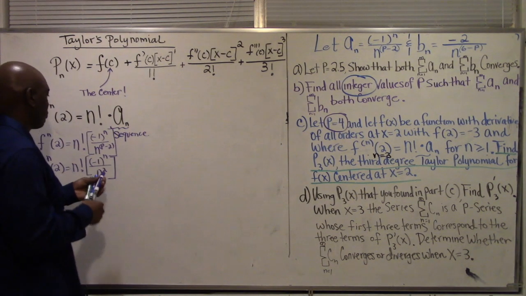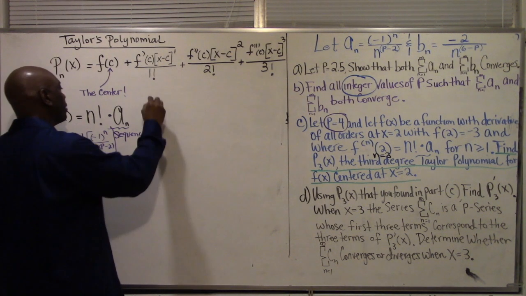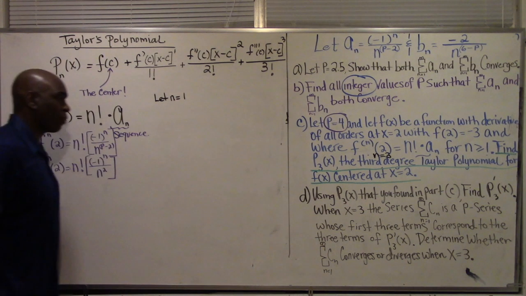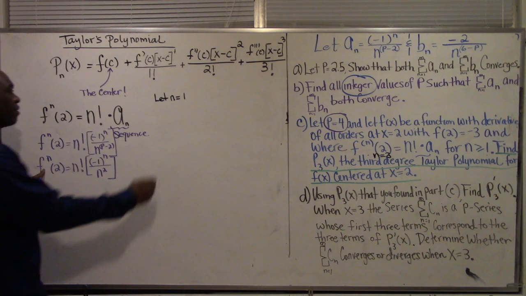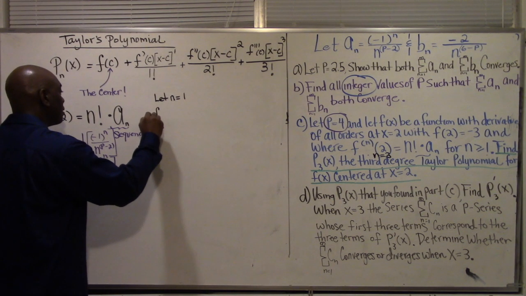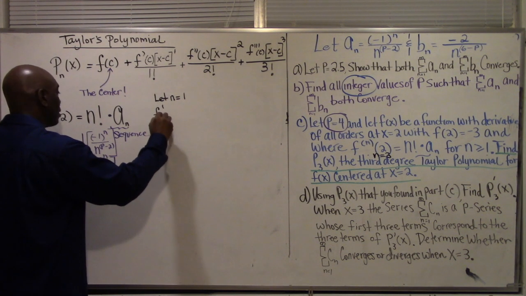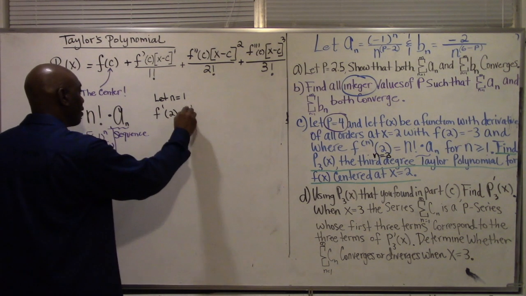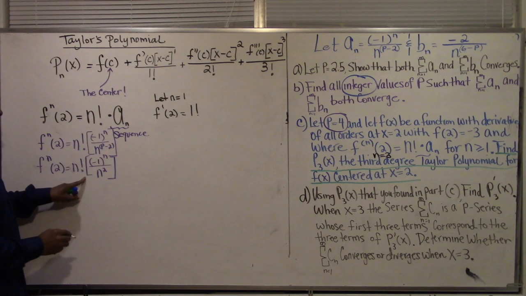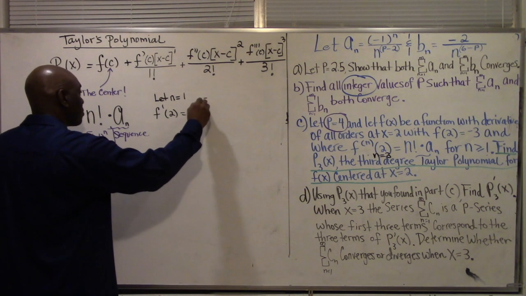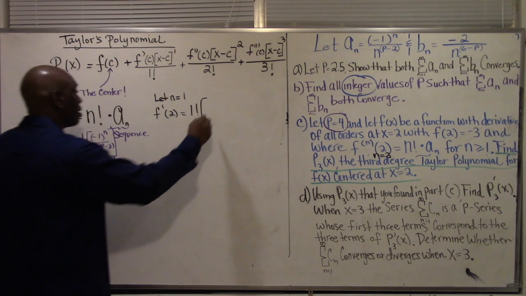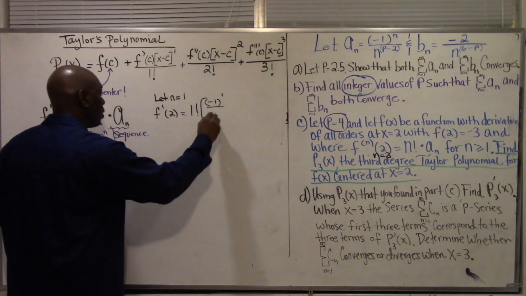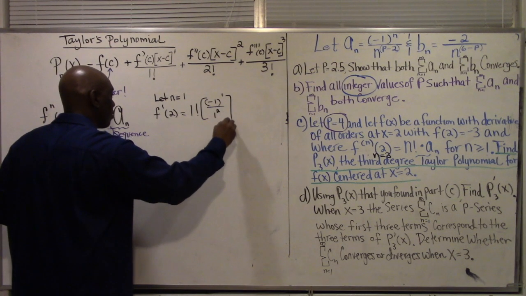Here we go. So let n equal 1. What are we going to have here? We're going to have f prime of 2 equals 1 factorial times -1 to the 1 over 1 squared.